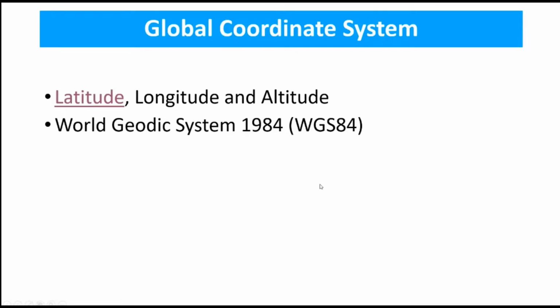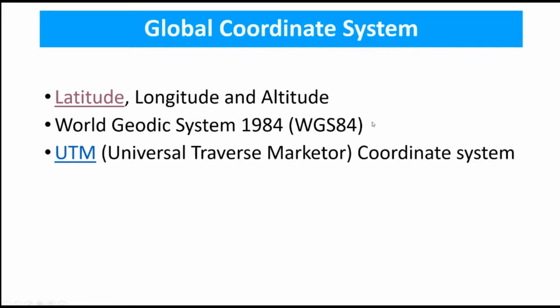Then we have WGS 84, that is World Geodetic System, for which the survey was done in 1984 and thereafter it has been updated a number of times. Based on this survey, another coordinate system, the UTM, that is Universal Transverse Mercator system of coordinates, has been developed.